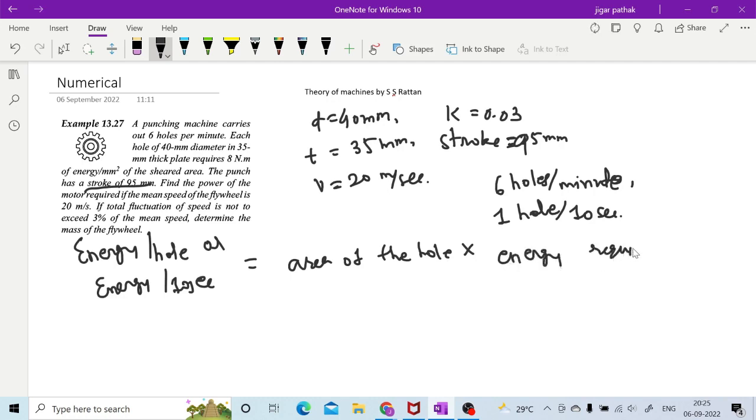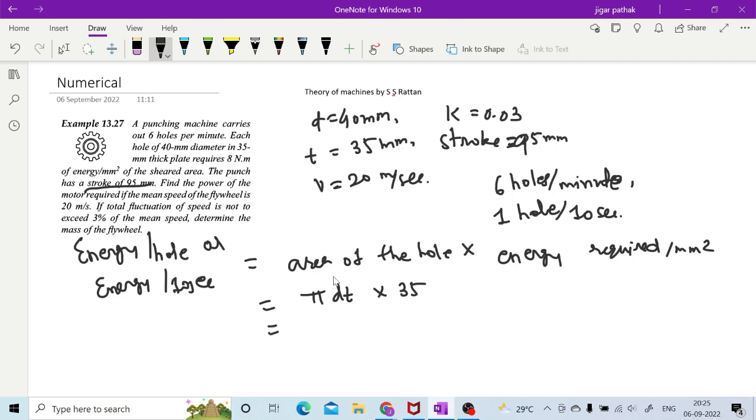Energy required per mm square is given in the problem statement, and area of hole can be directly given from pi d t. Energy required per mm square is 35. So D and T are also given.